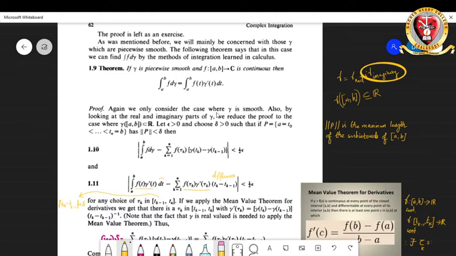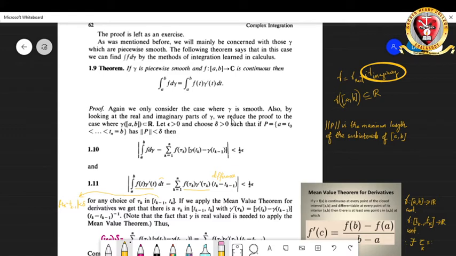And also we consider that gamma is smooth. In our statement, it says that gamma is piecewise smooth, and we are saying that gamma is smooth because that will also make it easier, because we can think about portions of the subintervals from the earlier theorem which we just mentioned.